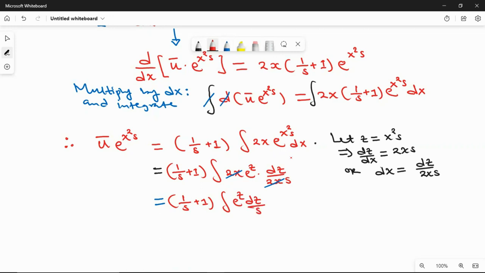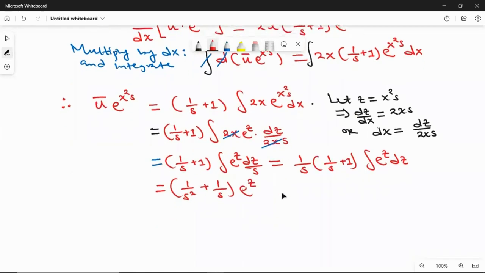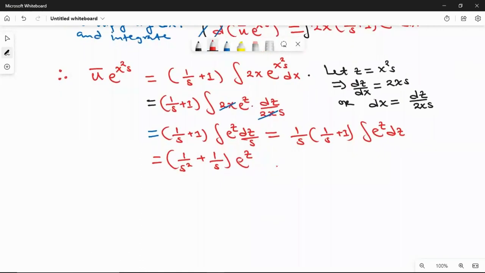And that 1 over s can be factored out. So we can now talk of 1 over s into 1 over s plus 1, the integral of exponential z dz, which can be written as 1 over s squared plus 1 over s exponential z. When you integrate exponential z, you get exponential z. Now replace z. We put z as x squared times s. So you have to replace z.